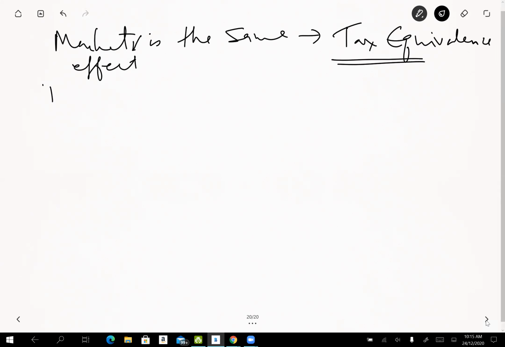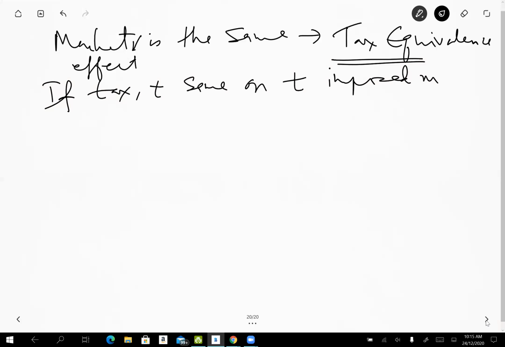Now, you must have the tax the same. If the tax T is the same as what you had earlier, the same as the tax which was imposed on the sellers. If the taxes are different, then everything will be different.